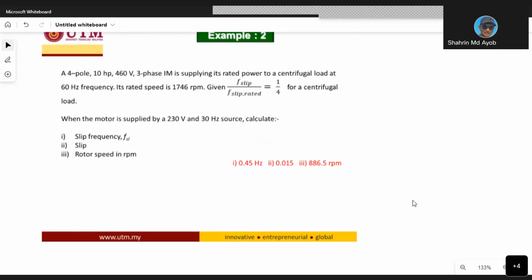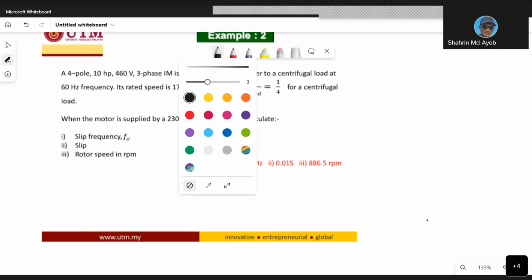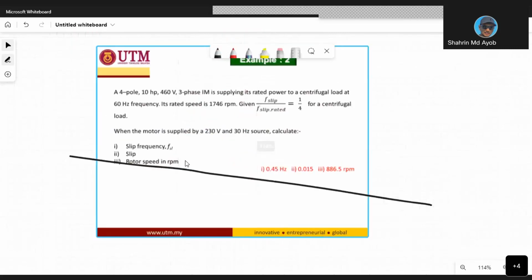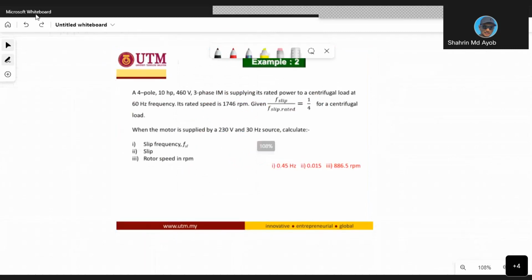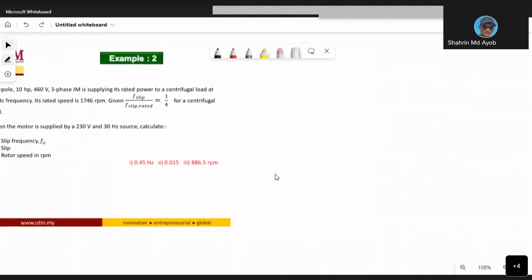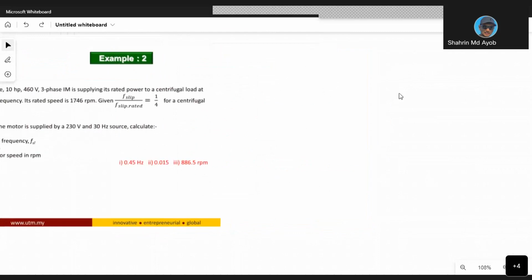Okay. So right now, okay, saya kecilkan. Torque versus speed.